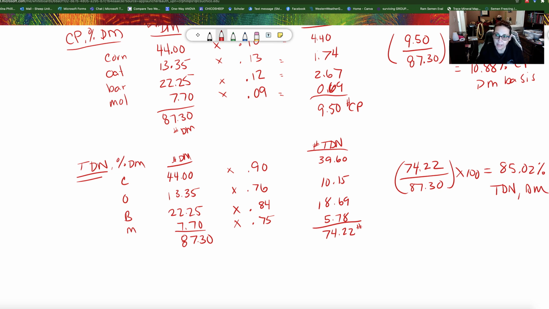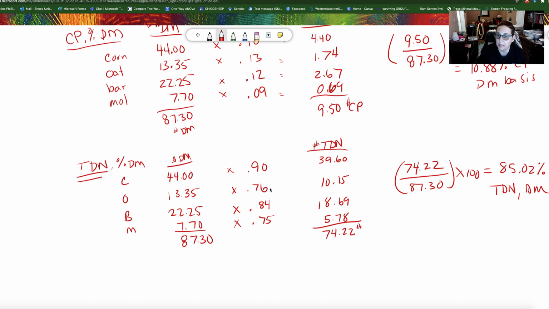One thing that I always do as a mental check is take a look at my answer, in this case the 85.02, and ask does it make sense to be somewhere between our range of numbers of 0.9 and 0.75. It's not outside this range, because mathematically that would be impossible. And it makes sense that it's falling in the upper end of that because there's a lot of corn in there.